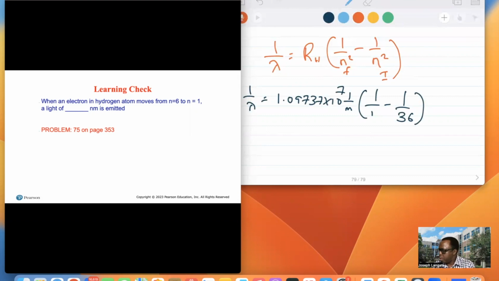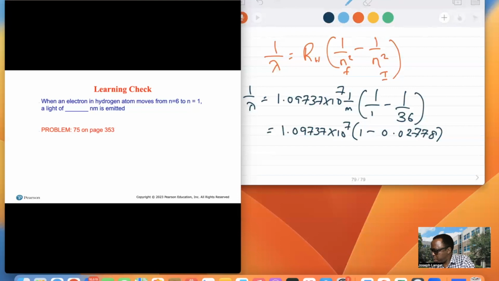So this will be 1.09737 times 10 raised to 7 per meter. If I plug in values, this will be 1 minus 0.02778.